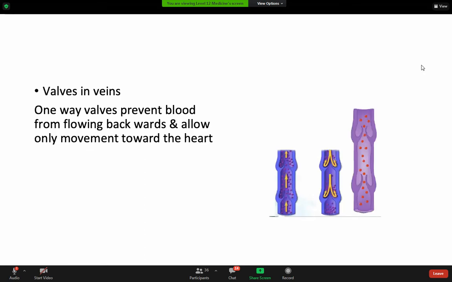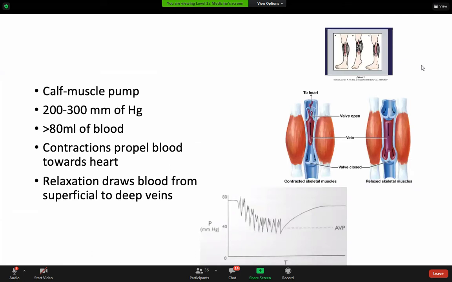So valves in the veins, very simple. So it's anatomically unidirectional. So when the blood goes in one direction, the valves will prevent the blood coming back against the gravity. Calf muscle pump, it's usually pump the vein, the muscle compress the veins, especially the deep veins, and will help the venous return.